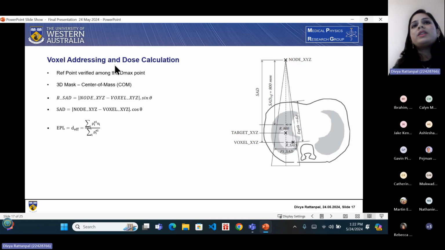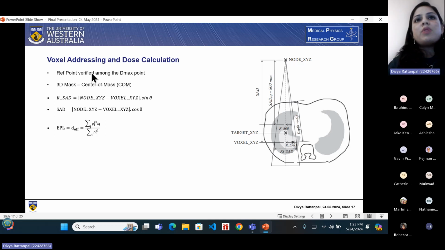For this, the reference point that we got from the beam data list XML file has been verified against the global Dmax point by checking that the dose at this point is equal to the normalized dose.